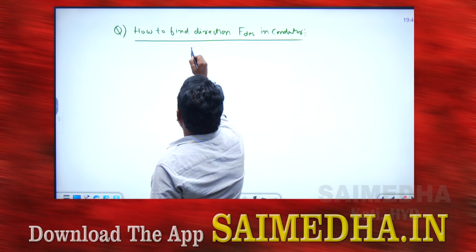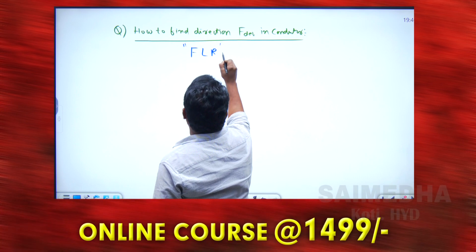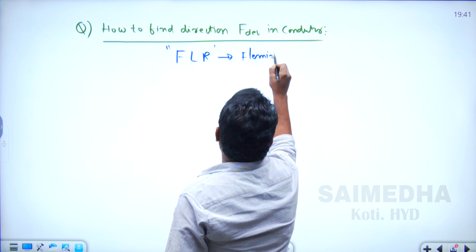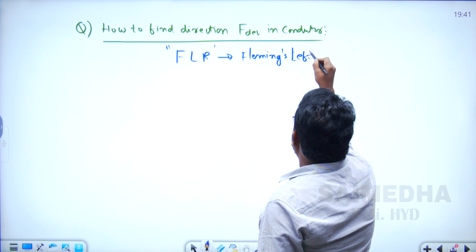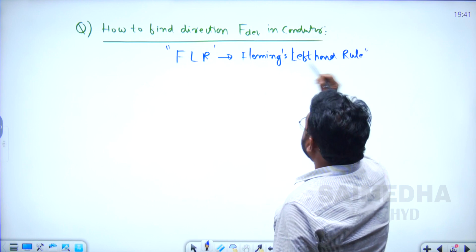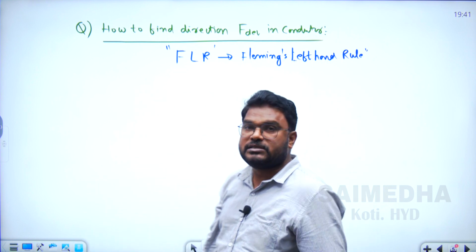So the direction of the force developed by the conductor can be obtained by using Fleming's left hand rule.